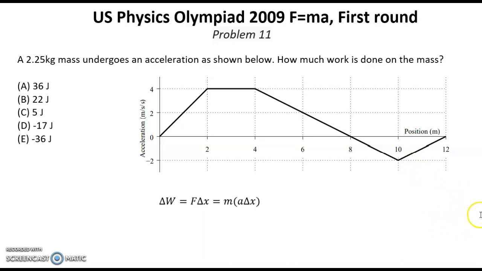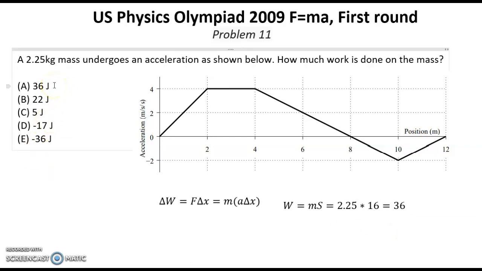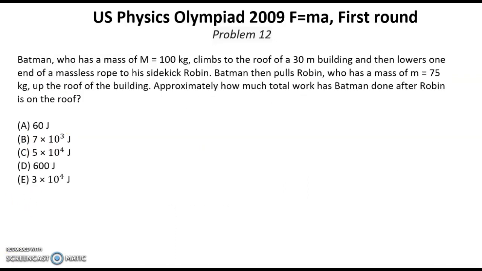And the final result will be this one. Work equals mass multiplied by total area, which is 2.25 multiplied by 16, and the result is 36 joules, which is answer A.